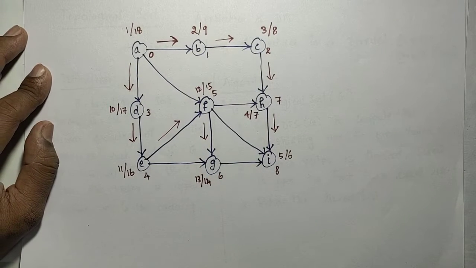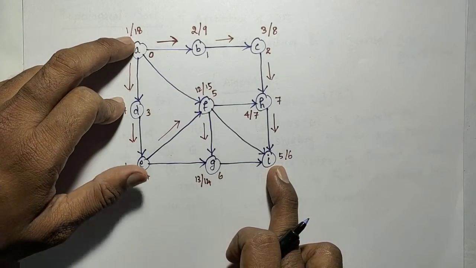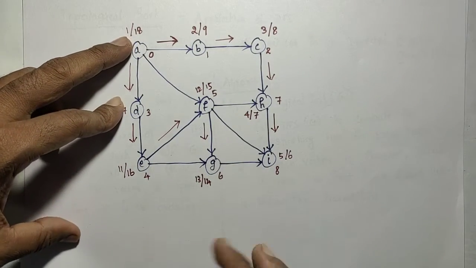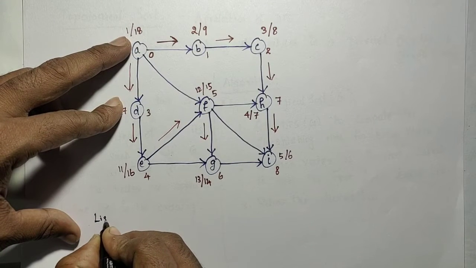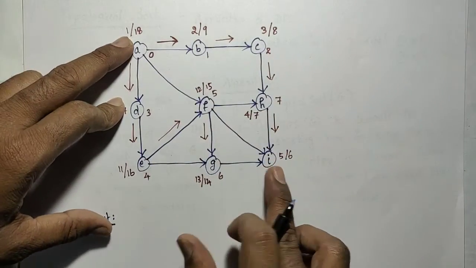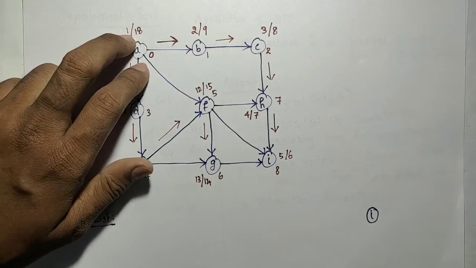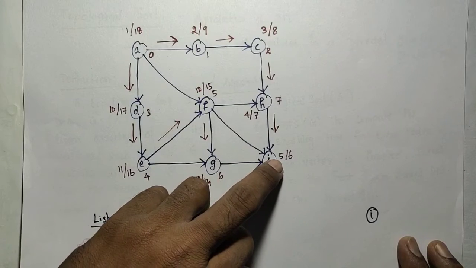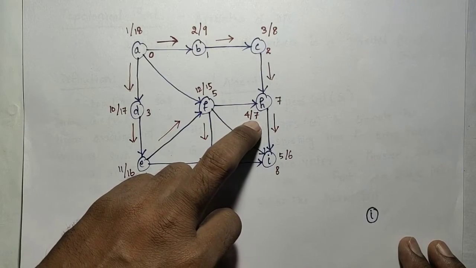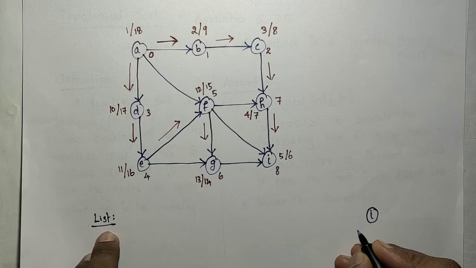Now observe the finishing times. As a vertex is finished, it needs to be inserted at the front of the list. Initially the list is empty. The one finished first is added at the front of the list like this. The next to be finished, 4 by 7, and after that H will be finished, which is inserted at the front of the list.